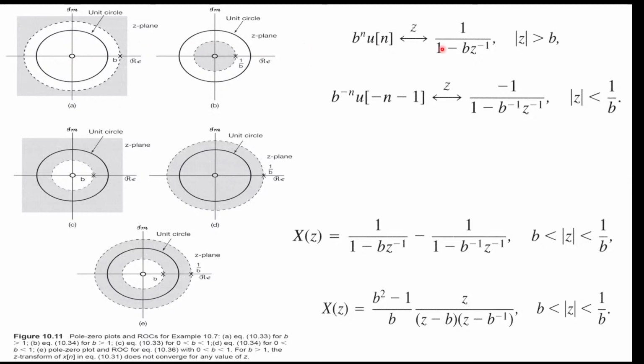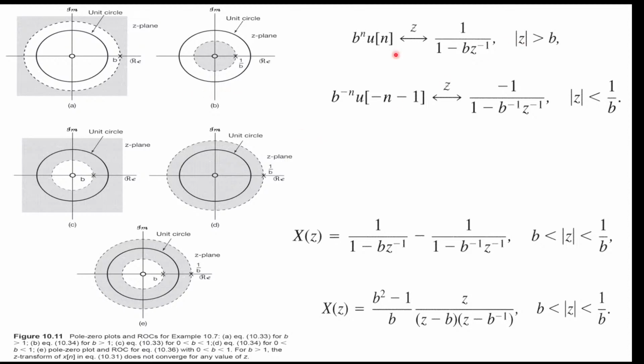Whereas if b is greater than or equal to 1, then the first signal's ROC is this shaded area outside of the unit circle, and the second ROC is inside the unit circle, and you see they have no overlap. So when b is greater than or equal to 1, you cannot have both signals converge, and there is no ROC, and X of z doesn't exist anywhere.